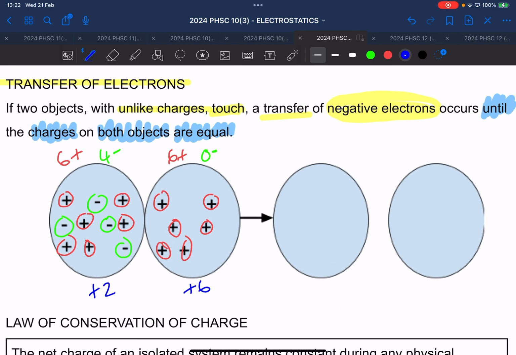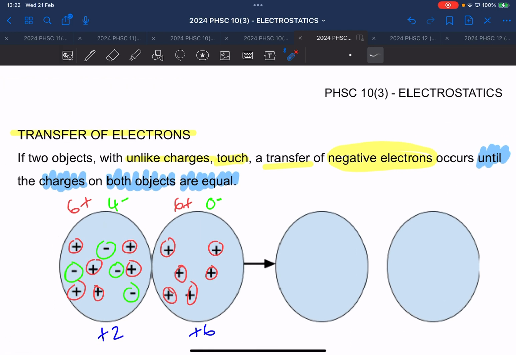They are both positively charged, but they are unlike, meaning they are not similar. It's very positive and little positive.